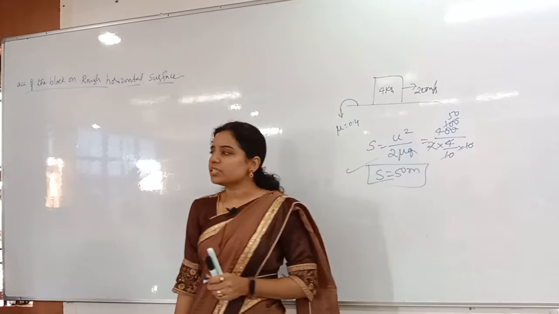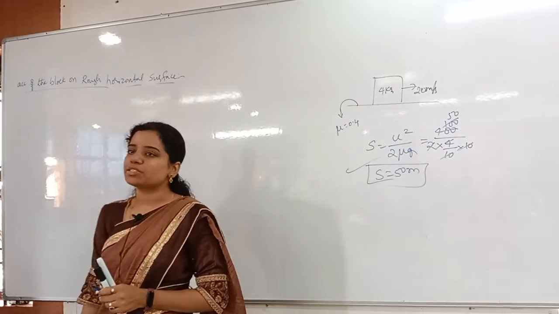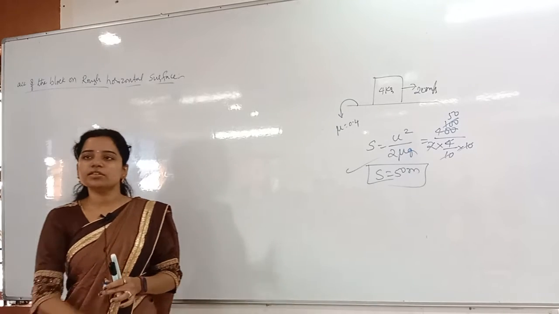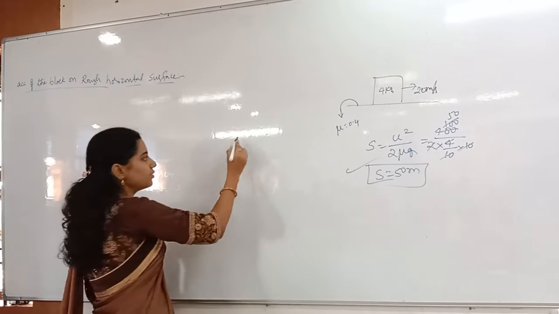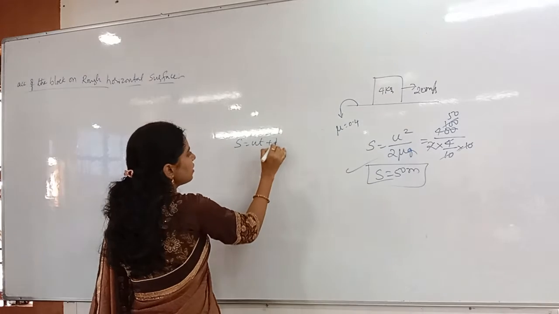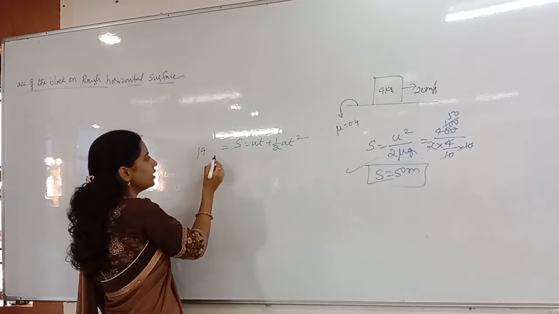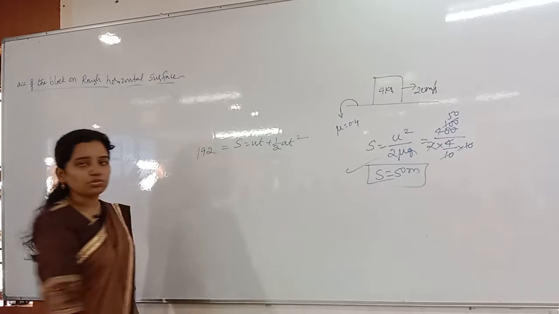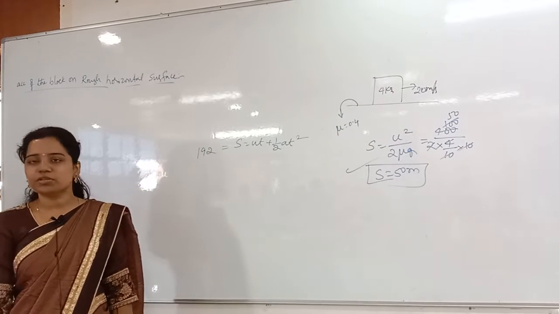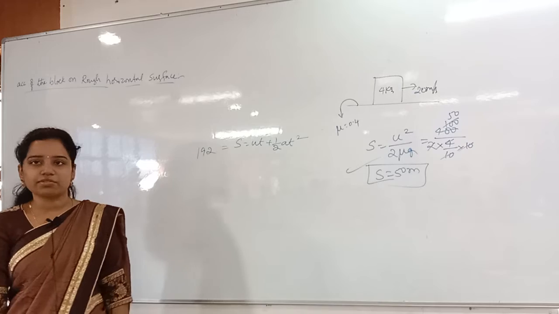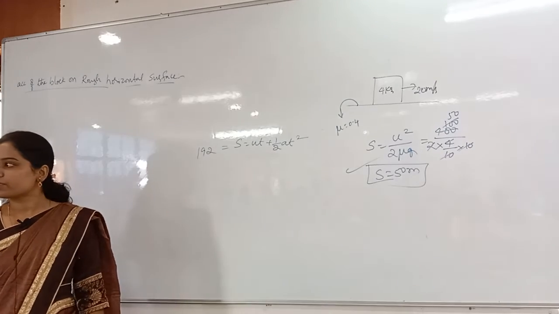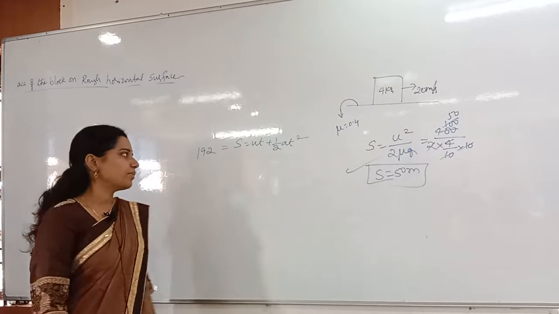Now, by using s is equal to ut plus half at square, what is the answer you are getting? s is equal to 192 we are getting. How is it possible? This one is 50 meters, and this one is 192 meters. With retardation, minus. Yeah, minus.